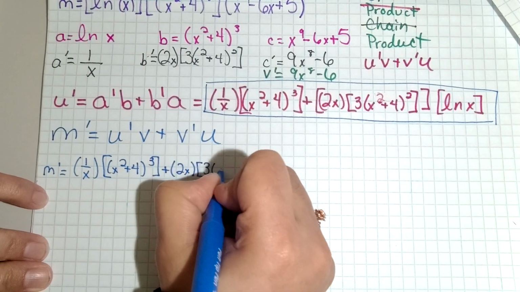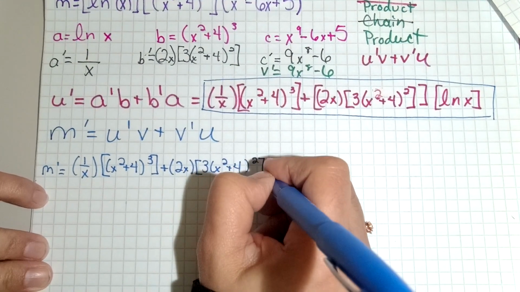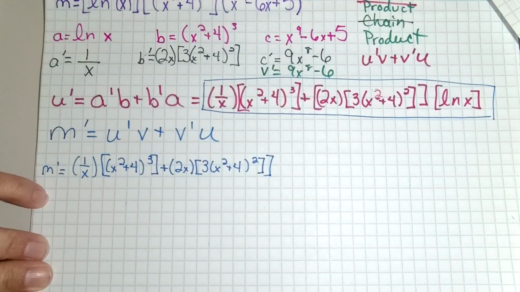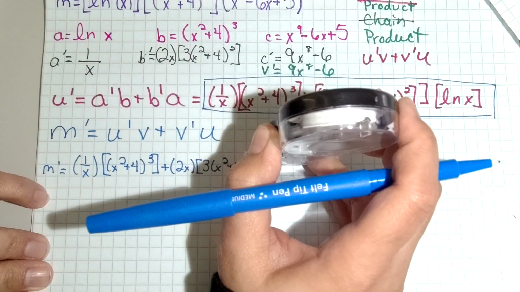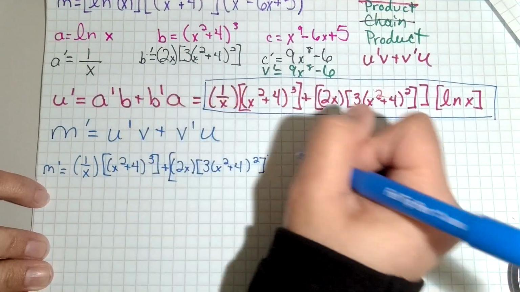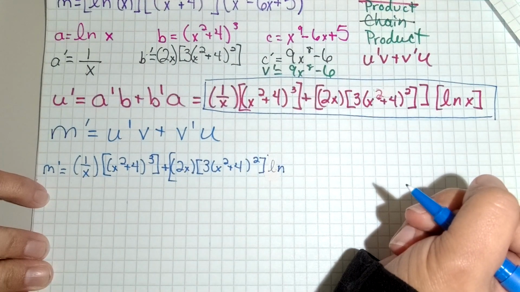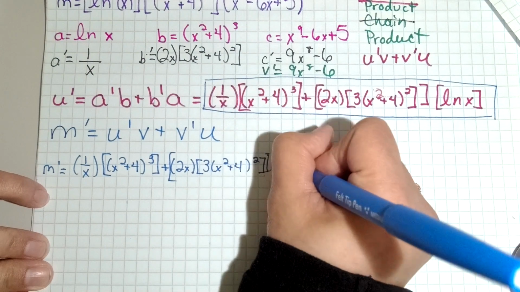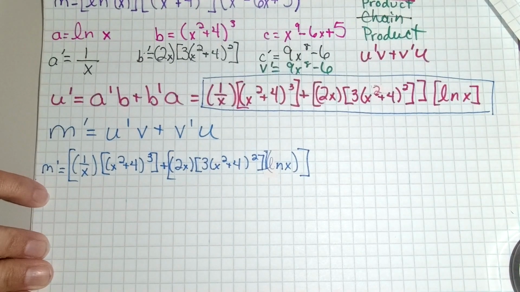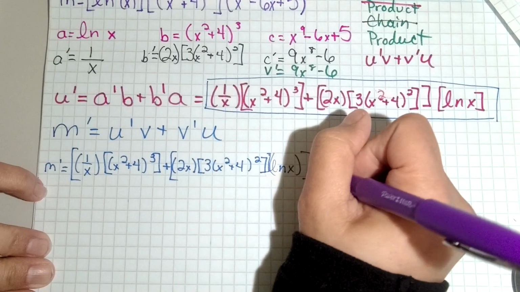So right now, all I'm doing is copying down the parts of the formula. So that's U prime. V. I'll put that in purple.